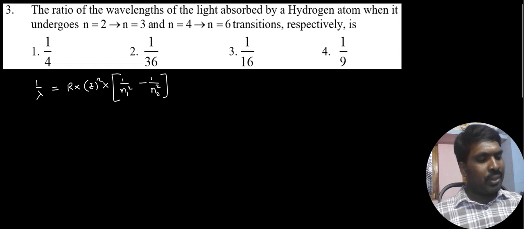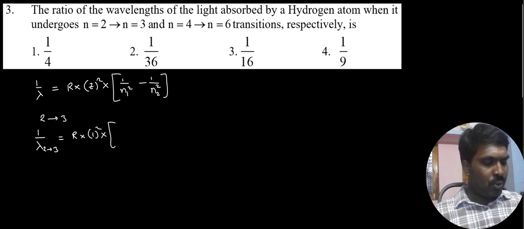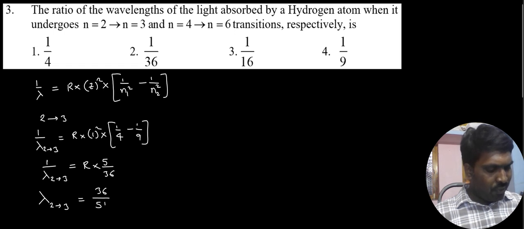Now for the 2 to 3 transition, 1 by lambda 2 to 3 equals R into, for hydrogen atom, 1 square into 1 by 4 minus 1 by 9. Then 1 by lambda 2 to 3 equals R into 5 by 36. Then lambda 2 to 3 equals 36 by 5R.